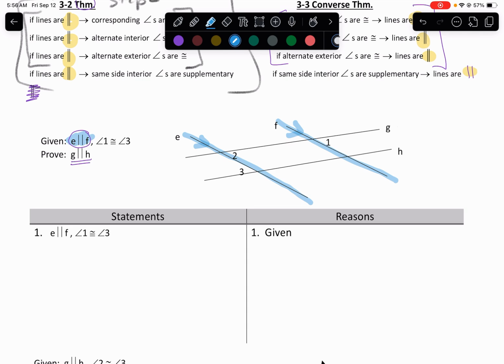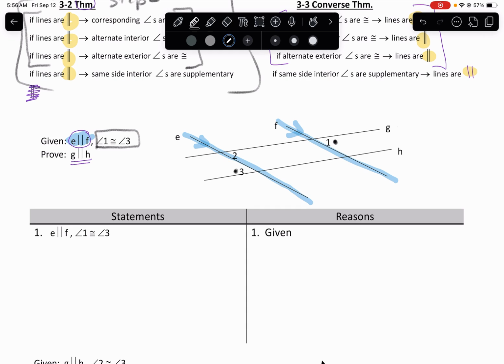So, now, you might see that the second thing that we are given is that angle 1 is congruent to angle 3. And so, I don't usually like to mark those, other than trying to point them out, because they aren't an angle pair. I'm never going to give you a pair of angles in the given that are one of the 4 angle pairs that we just talked about: corresponding, alternate interior, alternate exterior, same side interior.